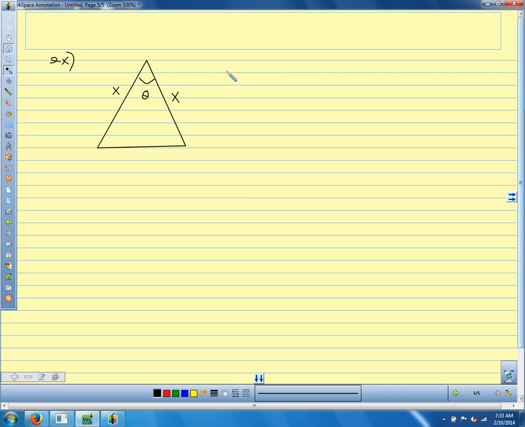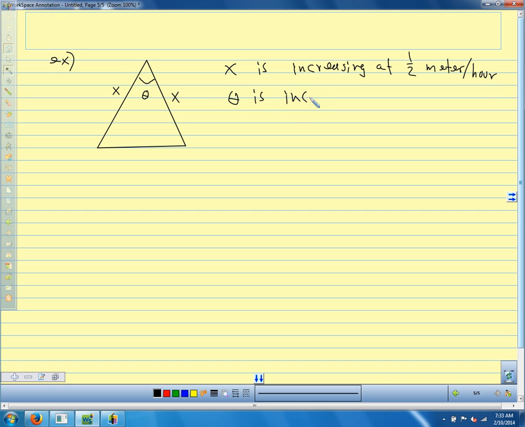And we're going to say that x is increasing at 1/2 meter per hour, and theta is increasing at pi over 90 radians per hour.